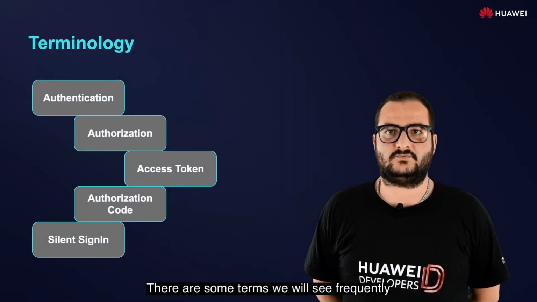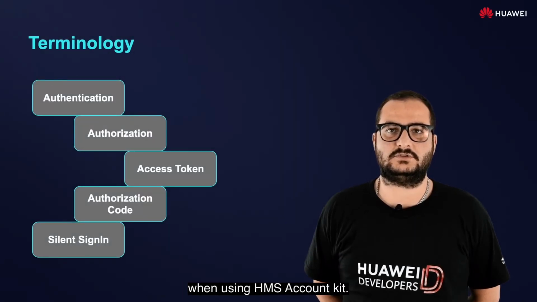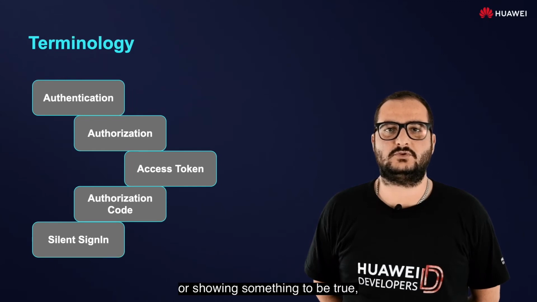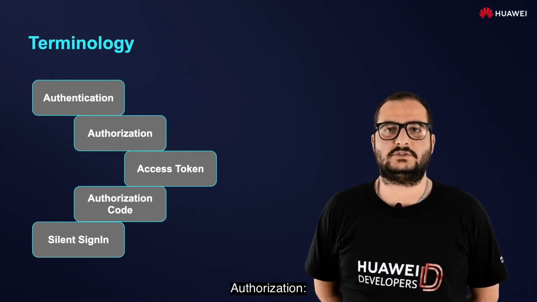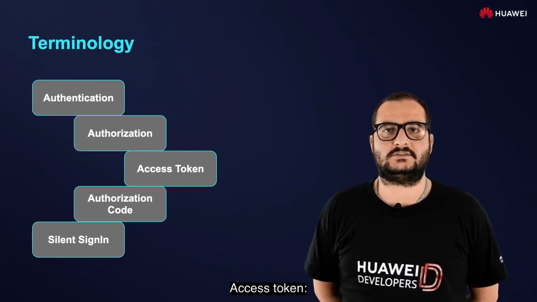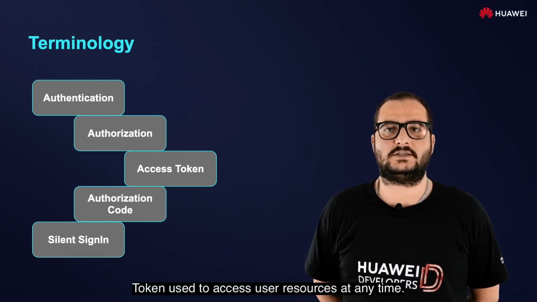There are some terms we will see frequently when using Huawei Mobile Services Account Kit. These are authentication, the process or action of proving or showing something to be true, genuine, or valid. Authorization, making a decision about whether you have rights to access to a resource or not. Access token, token used to access user resources at any time.